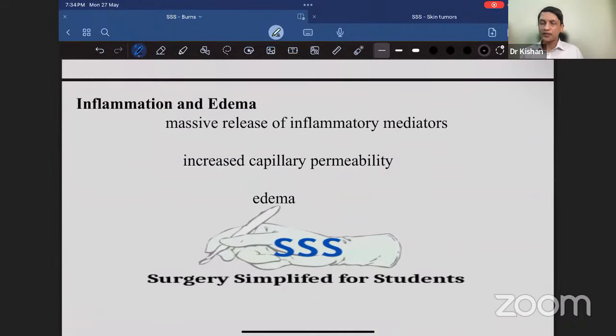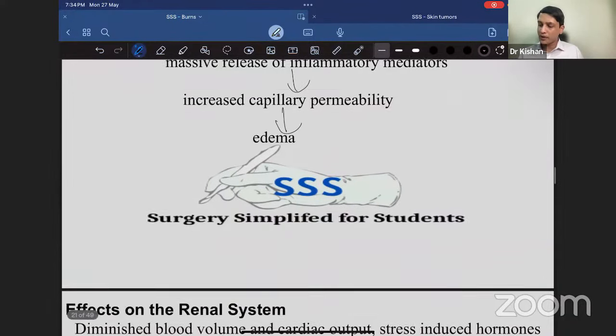Inflammation and edema: just like mentioned, massive release of all the inflammatory mediators results in increased capillary permeability and leaky capillaries. They result in the movement of the intravascular fluid into the interstitial space, leading to edema.